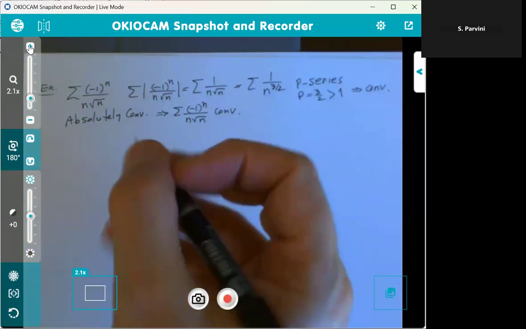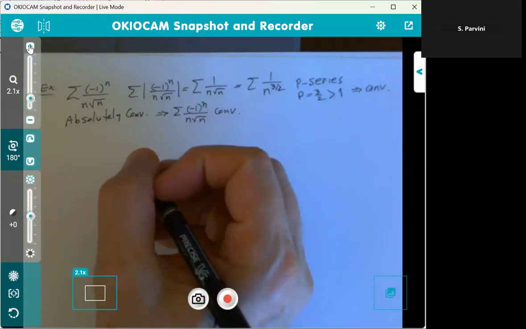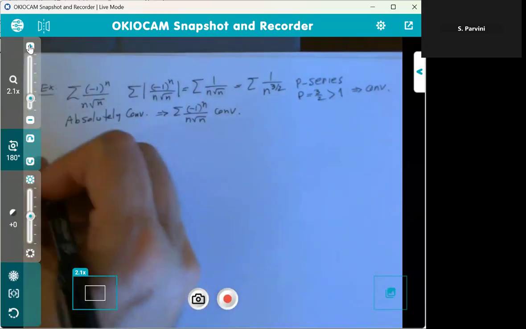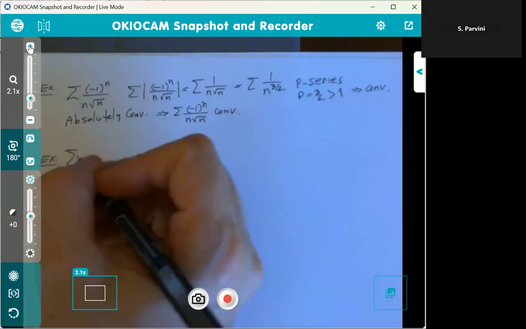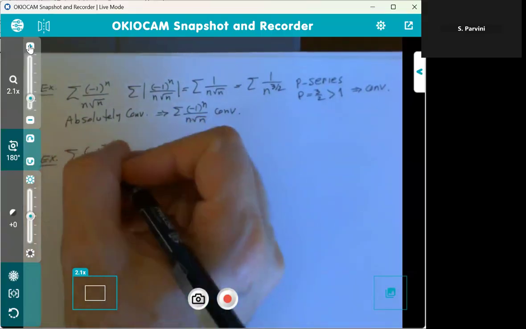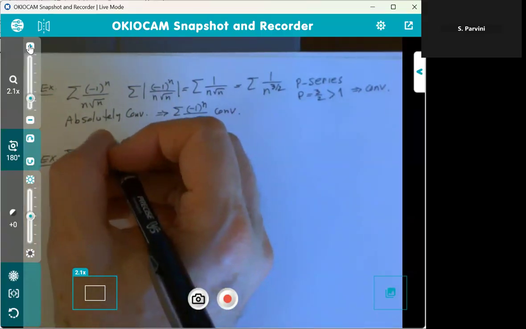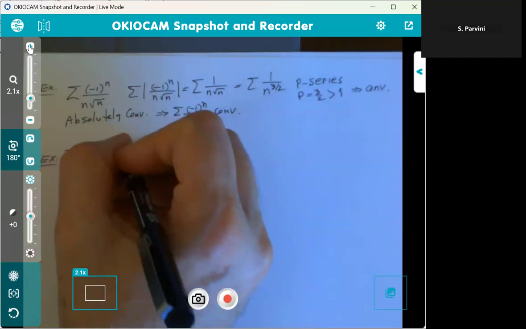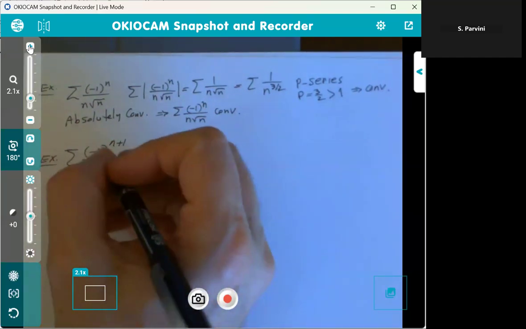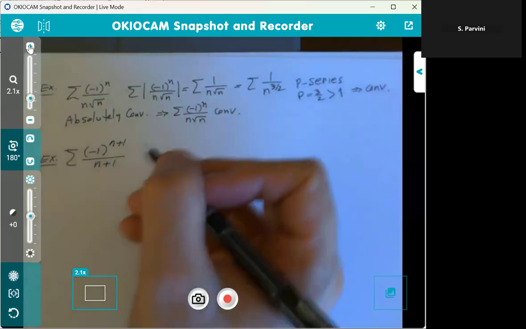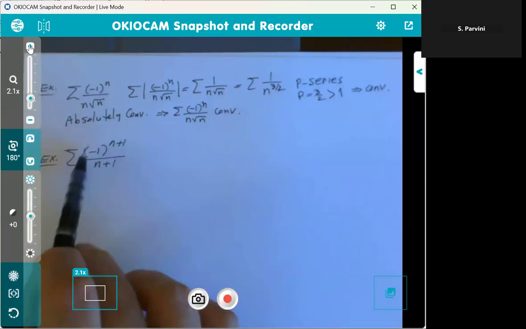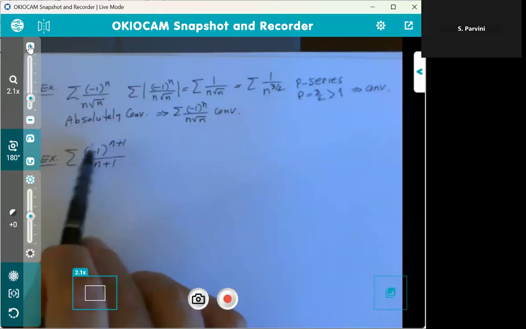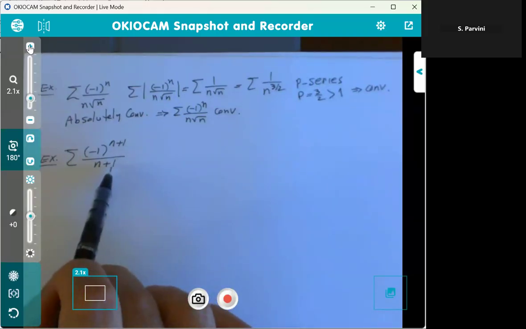Okay, now let's take a look at this next example. Suppose I have the sum of (-1)^(n+1) divided by n plus 1. Now, this one again is an alternating harmonic series, isn't it? I know it's n plus 1, but that shouldn't matter.